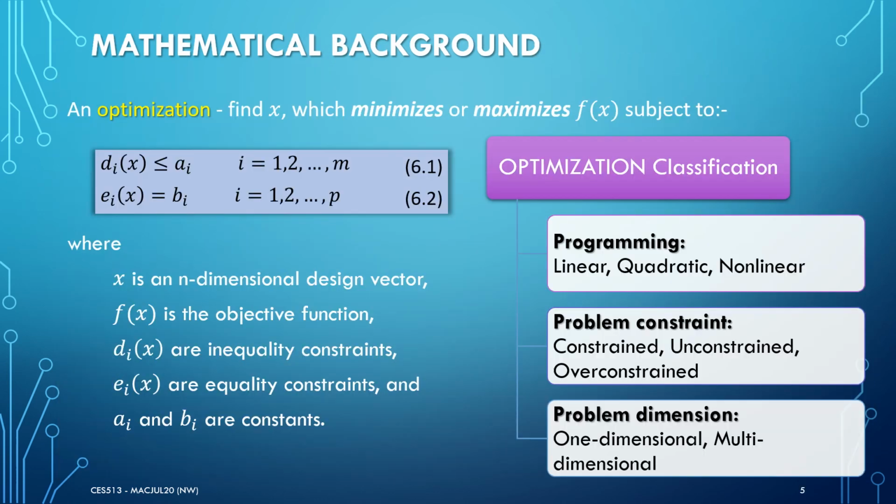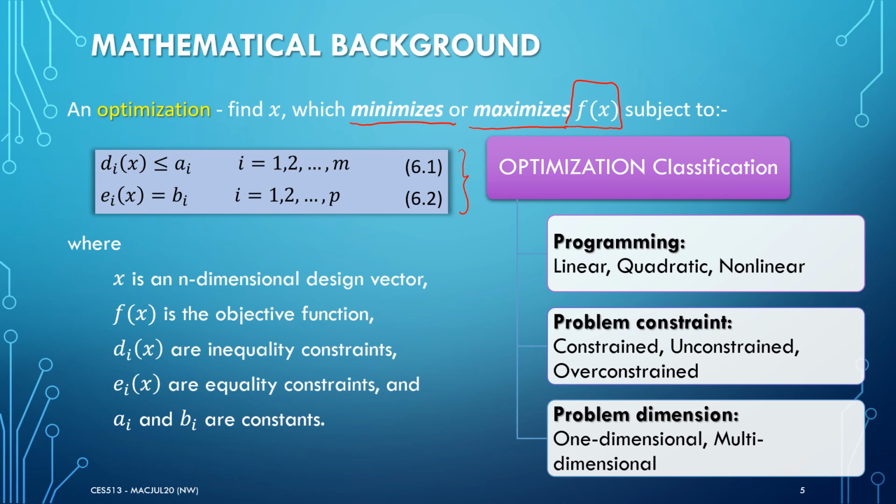An optimization or mathematical programming problem can generally be stated as finding x, which minimizes or maximizes the objective function f(x) subject to two sets of constraints: inequality constraints and equality constraints.